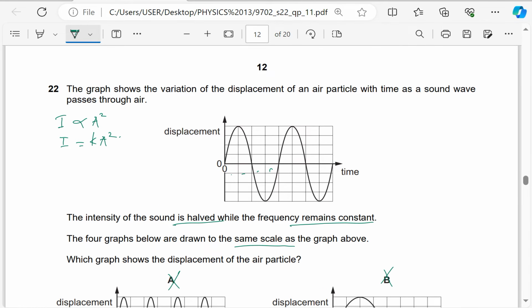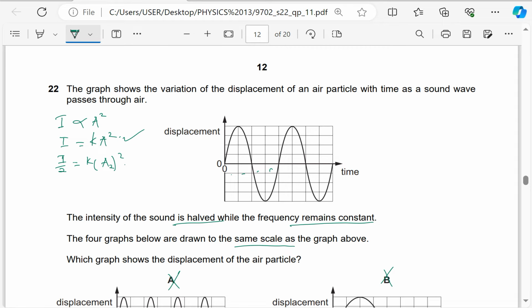Intensity is directly proportional to amplitude squared. So for the first one, let the first one be this. Then when the intensity is halved, the second condition, it is going to be I over 2 should be equal to a constant times the new amplitude, I'll call it a2, but this should be squared. So I'm going to combine the two equations.